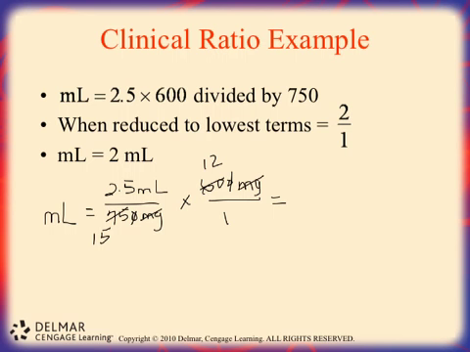I don't have my calculator here. Anyway, you end up with 2 over 1. And then that, of course, reduces down. You always want to reduce down to your lowest number and make sure that that is either a whole number or a decimal, and then round either to the 10th or to the 100th, whatever you're instructed to do or according to our rounding rules. So you end up with your answer being 2 milliliters because we've canceled out all of our milligrams.